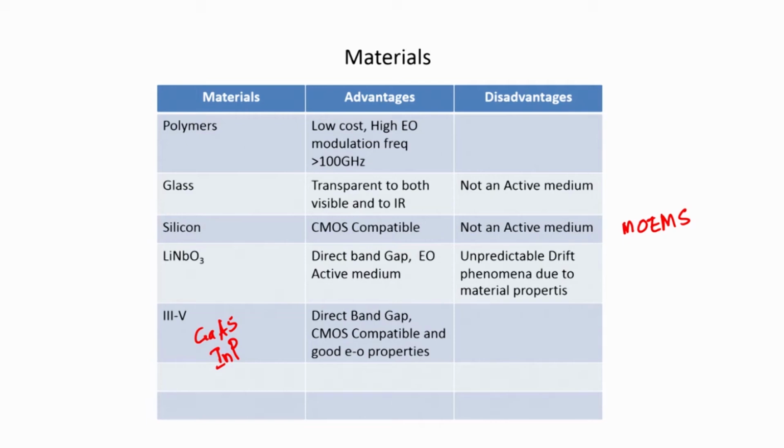And of course, the technology is growing, and in future it is possible that we have electronic devices also compatible, and in addition it has the active properties like electro-optic properties and so on. So, they appear to be one of the most promising candidates, but the only limitation at this moment is the technology is expensive and limited as compared to silicon.